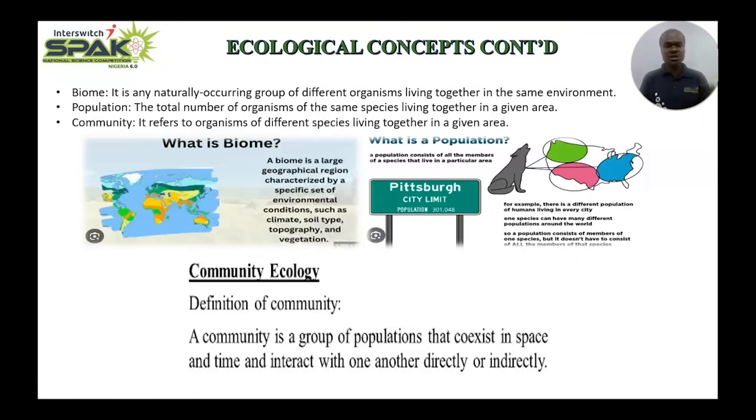So a biome is a large geographical region characterized by a specific set of environmental conditions such as climate, soil type, topography, and vegetation. For example, tropical rainforest is a complex lowland forest found on land that is not usually waterlogged, but characterized by high annual rainfall, temperature, and humidity throughout the year.